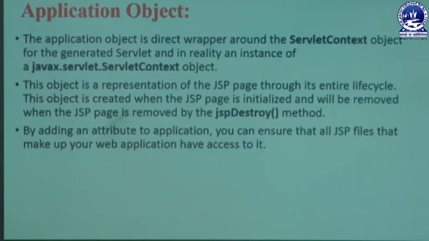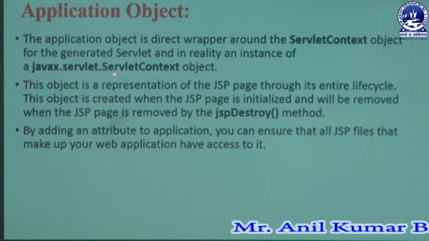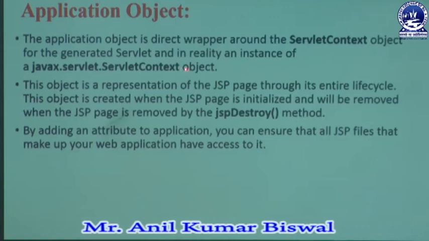Next we can learn what is the use of the application object. Generally that application object helps to invoke that application file. The application object is a direct wrapper around the ServletContext object for the generated servlet, and in reality an instance of a javax.servlet.ServletContext object.